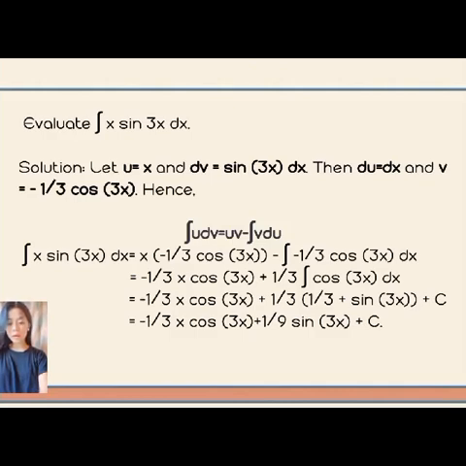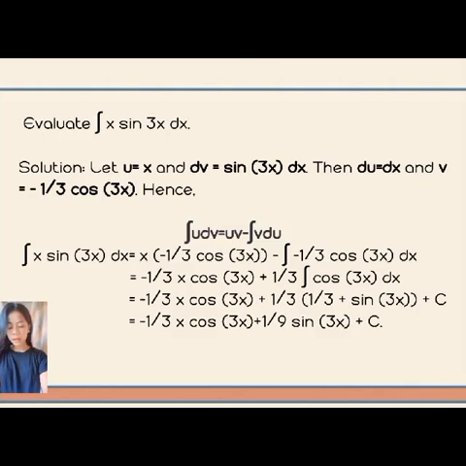So the integral of x sine 3x dx is going to be u times v. So we know that v is negative 1/3 cos 3x, minus the integral v du, which is negative 1/3 cosine 3x dx. So now, let's simplify the expression. We now have x multiplied by negative 1/3 cos 3x, and since we have two negative signs, as you can see there guys, we can make that a positive sign, then that would become a positive 1/3 and the integral of cosine 3x dx.